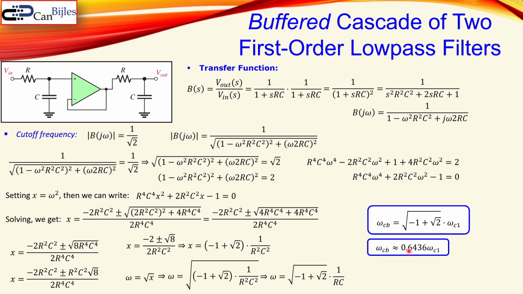And this is approximately 0.6436. So the cutoff frequency of our buffered two-stage circuit, which is a second order filter, will be approximately 64.4% of the cutoff frequency of our simple first order low pass filter.